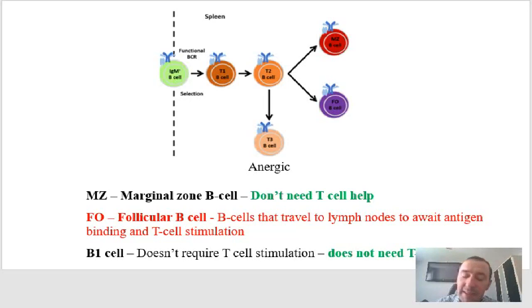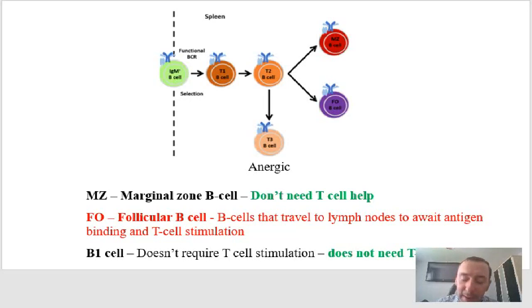The reason these B cells exist in the spleen is because they can sense or detect pathogens present in the blood. Because we have these marginal zone B cells in the spleen, it enables a very, very rapid response against that pathogen in the blood.